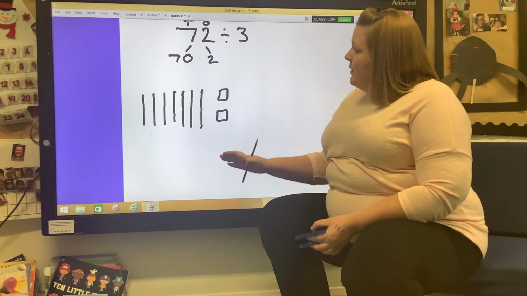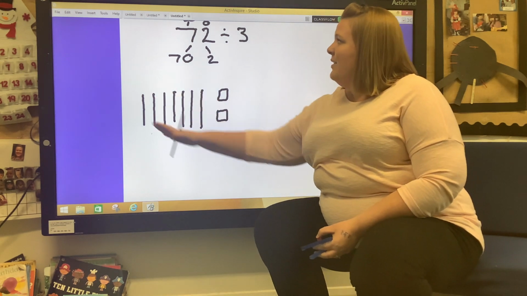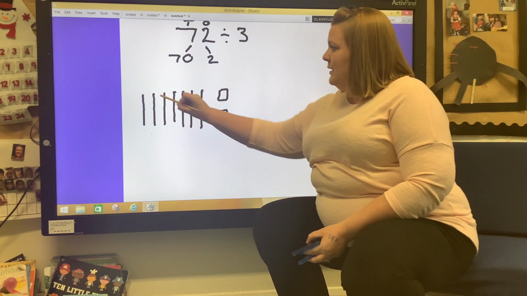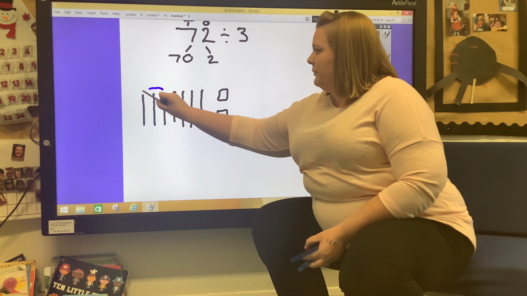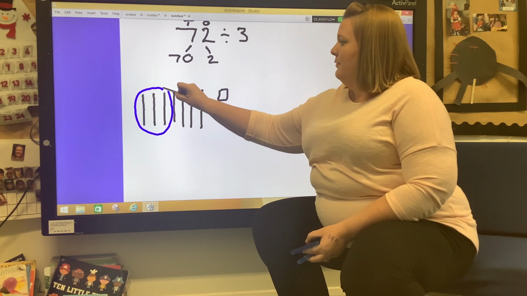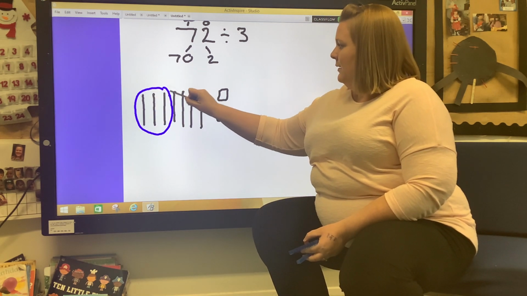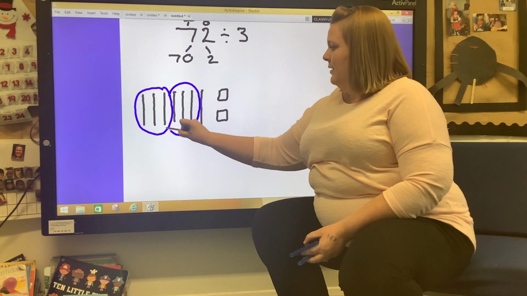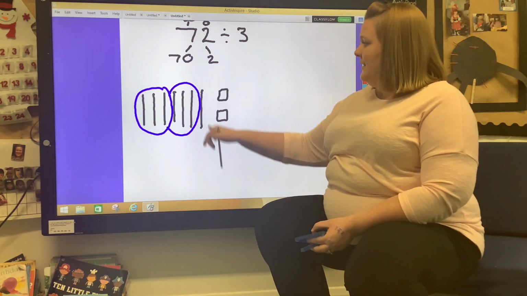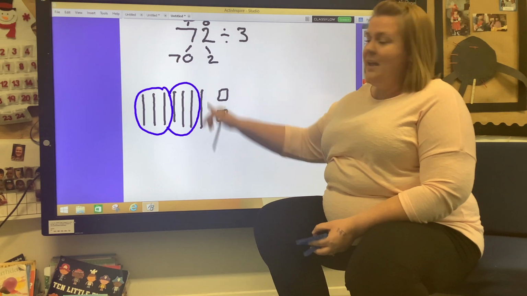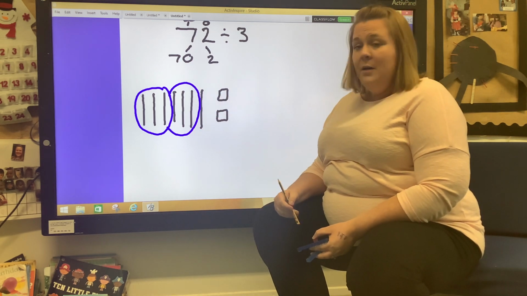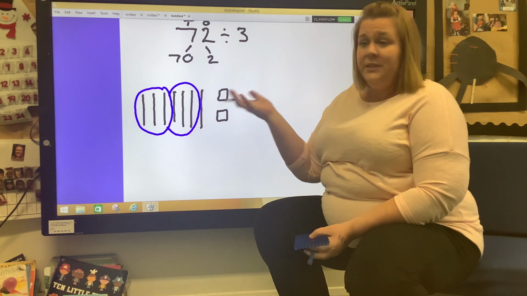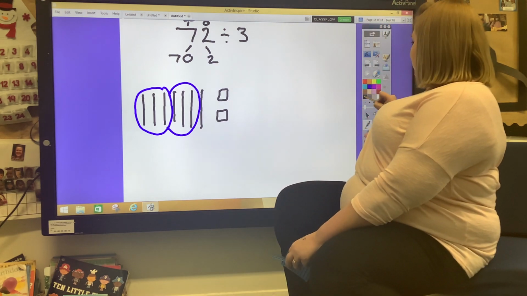So we're looking for how many 3s fit into 72, so I'm going to be making groups of 3. I'm going to work first of all with my 10s. So I have 3 there, and I have 3 there. This 10 here then, I'm unable to use. There are no other 10s for it to go with to make a group of 3.